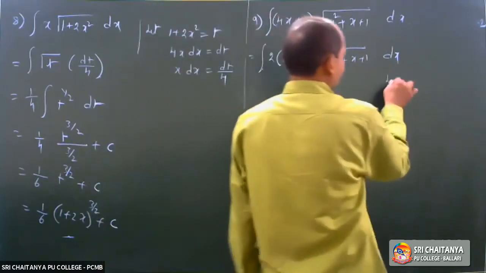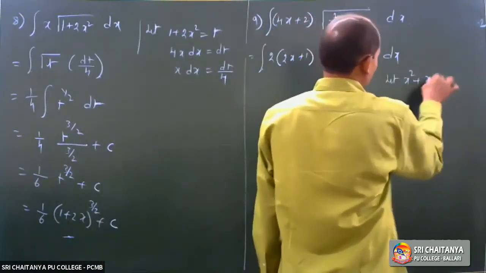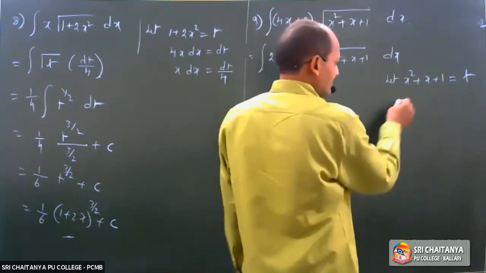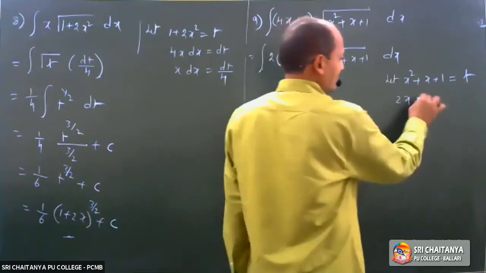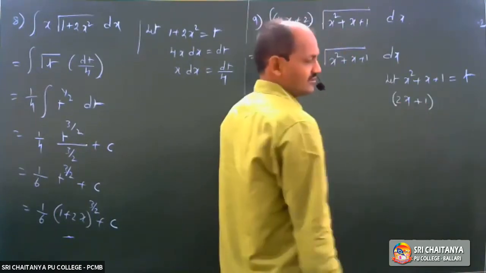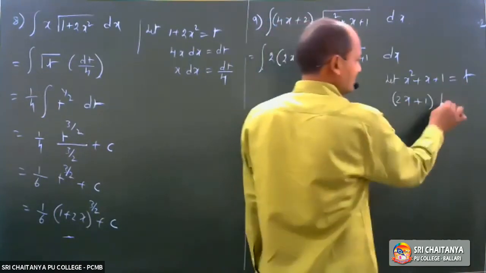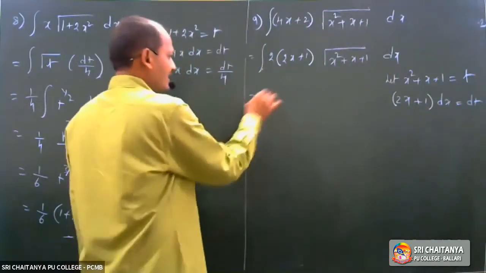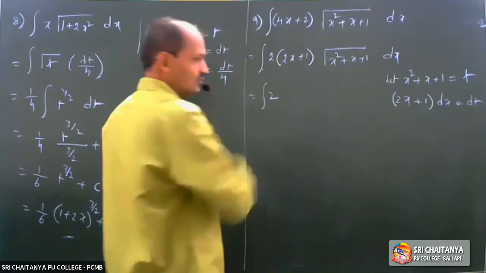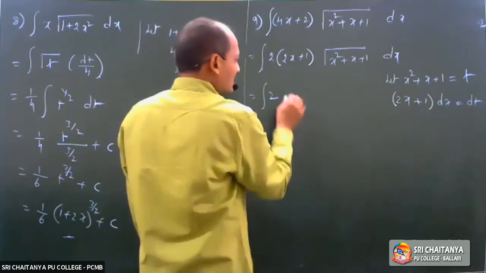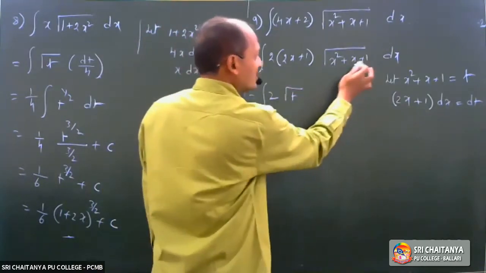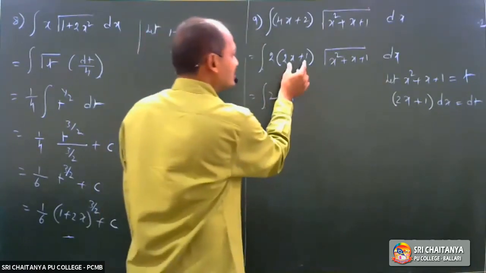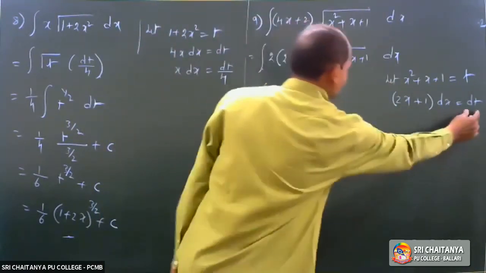So let x square plus x plus 1 be t. So the integral of 2 root of x square plus x plus 1, that is t, and this 2x plus 1 dx is equal to dt.